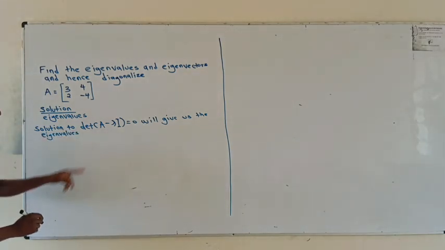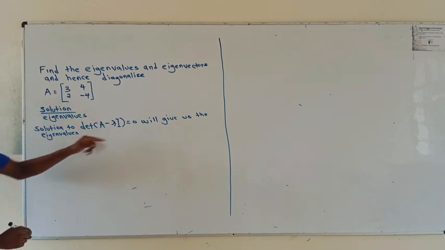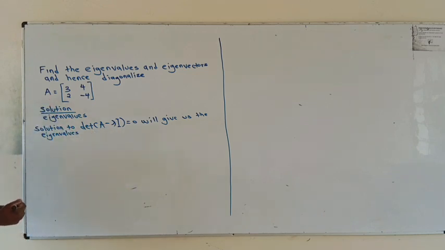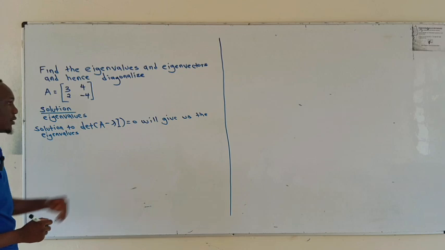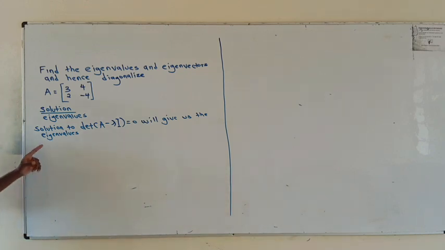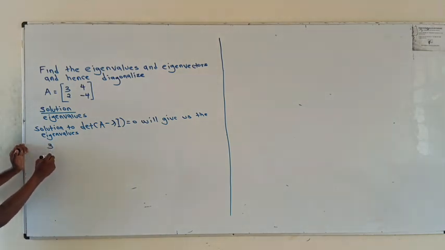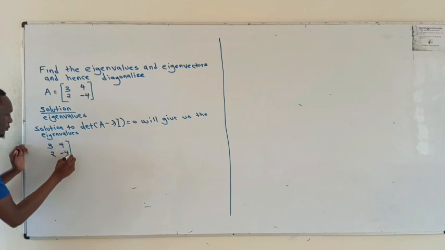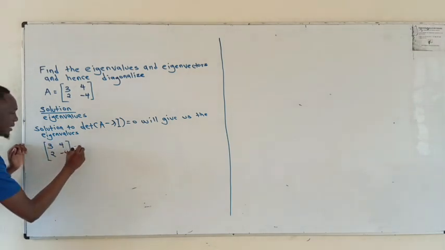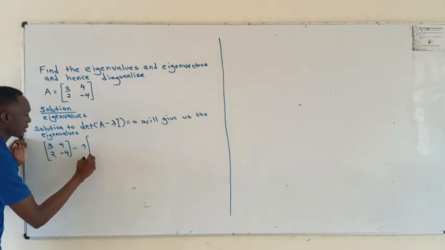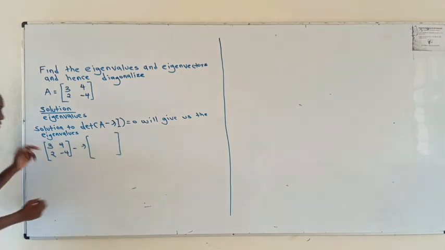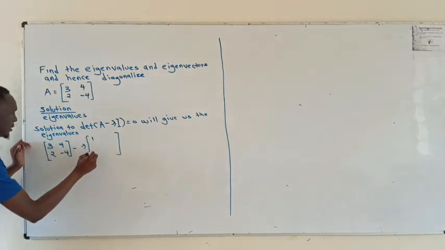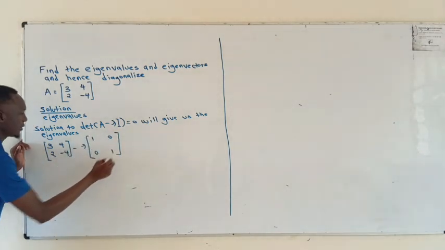So when we get the determinant of A minus lambda times the identity matrix, which is always equal to 0, then the solution will give us our eigenvalues. So our A is 3, 2, 4, negative 4, minus lambda times the identity matrix, which is 1, 0, 0, 1.